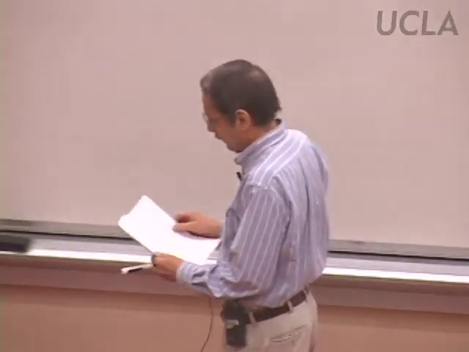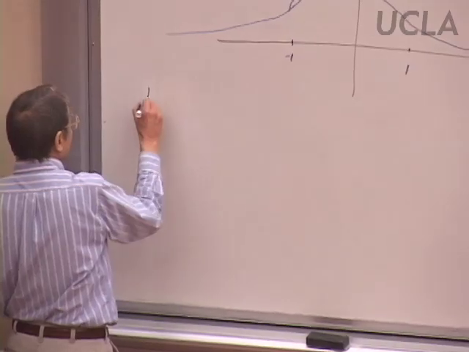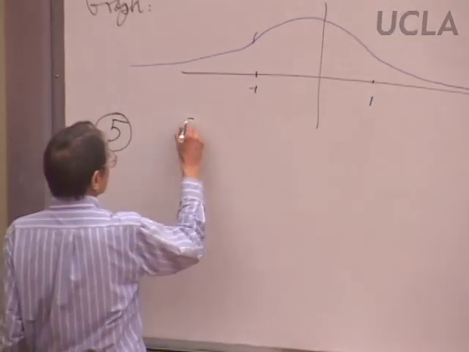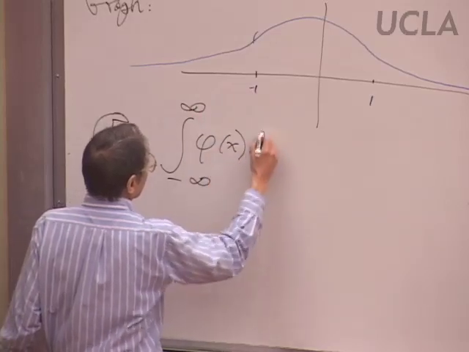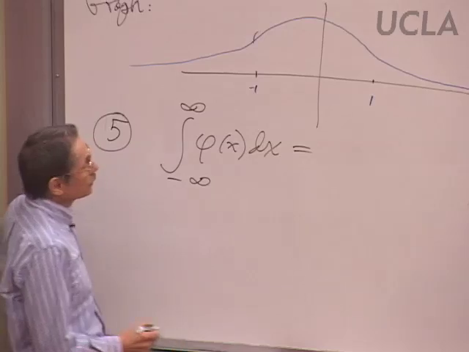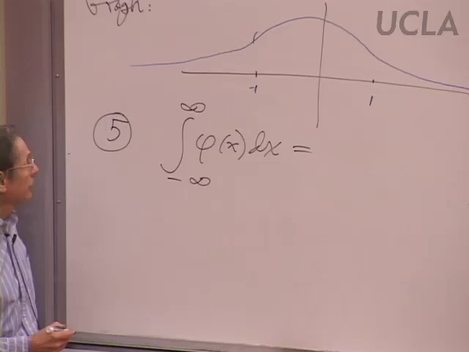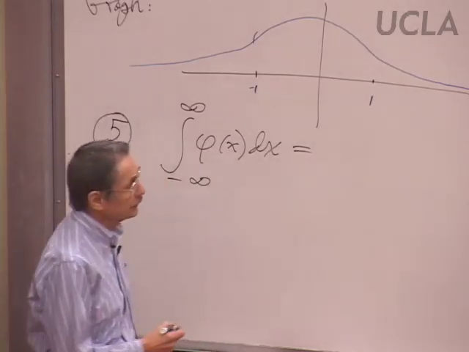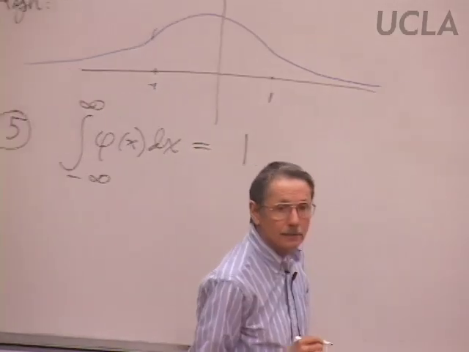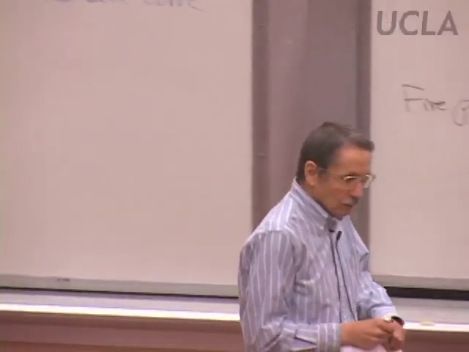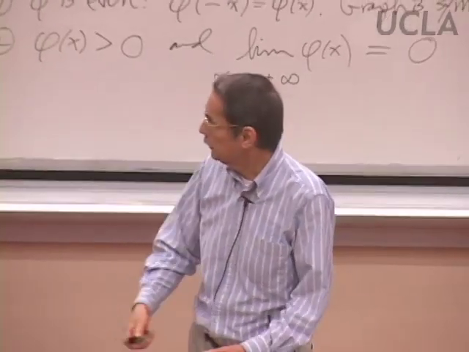Well, property 5, which we're not going to derive, is that the total area under the bell curve, the integral from minus infinity to plus infinity of the standard normal density function, is 1. Well, to derive this, we don't integrate over the line.